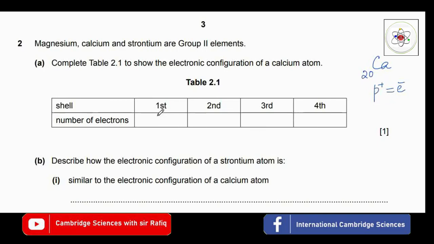The first shell cannot have more than 2 electrons, and the second shell will have 8 electrons. This is how 10 electrons are completed. The third shell can also have a maximum of 8 electrons, 2, 8, 8, and the remaining 2 electrons will be in the fourth shell. All right.